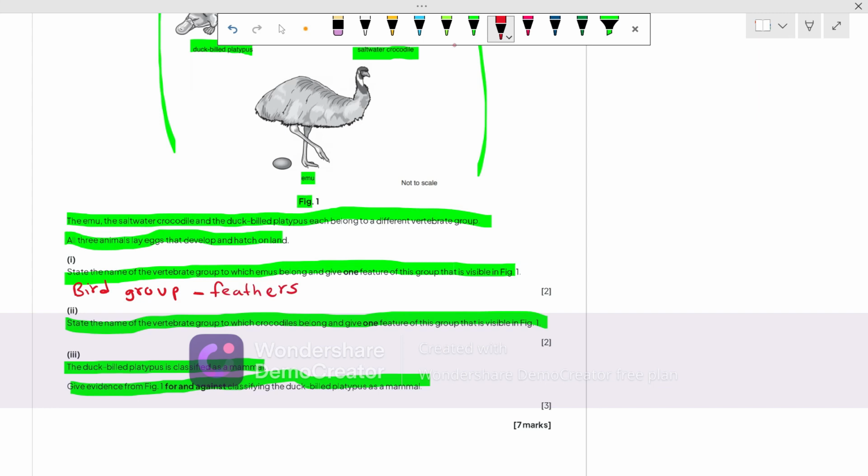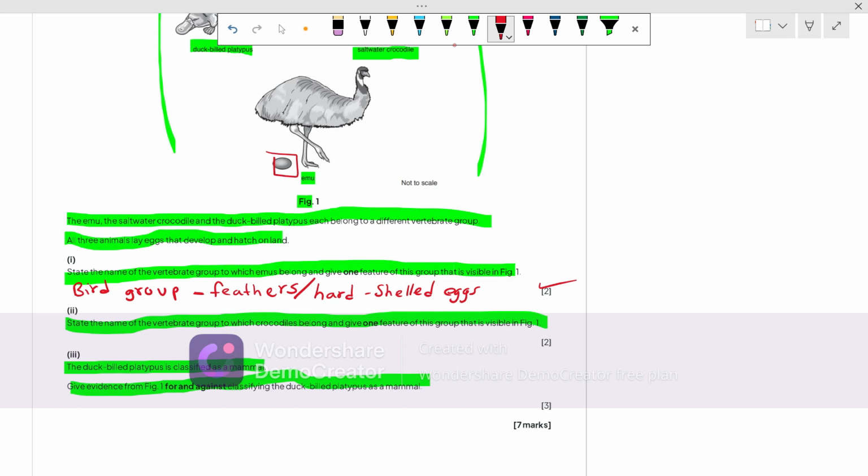This is not the only visible feature. We can also see that there is an egg here, so we can also say hard-shelled eggs, as it lays them on land. So 2 marks achieved.